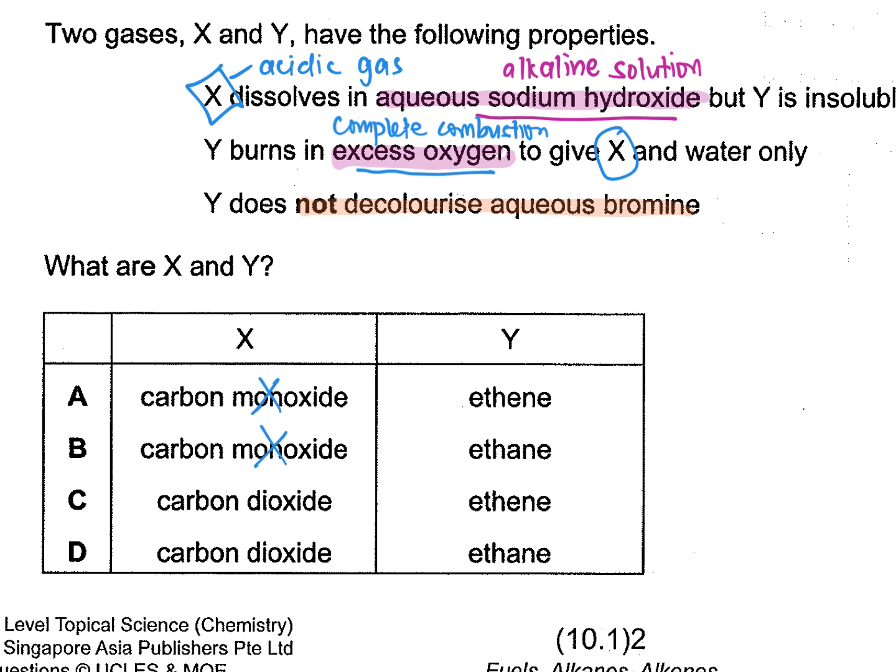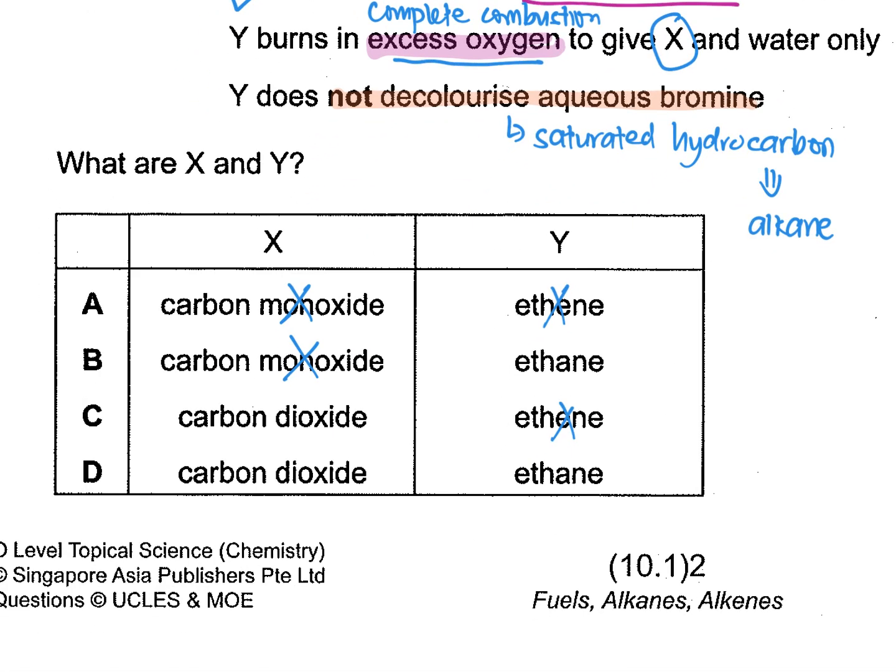Alkane or alkene? Alkane. If it does not decolorize, it tells you that this is a saturated hydrocarbon. A saturated hydrocarbon means you can only be looking at your alkane. So with that, the only alkane left is your ethane, the one without any cross in the row. So your answer for this is actually D. Any questions?